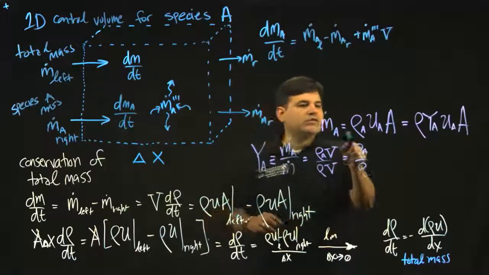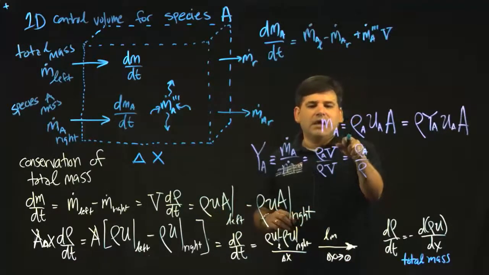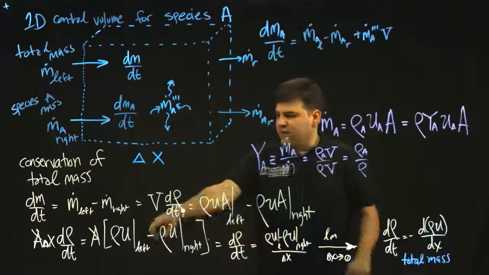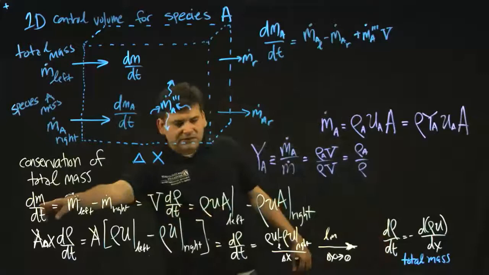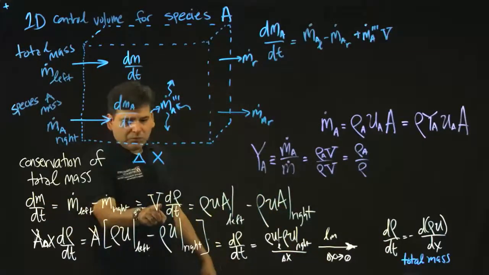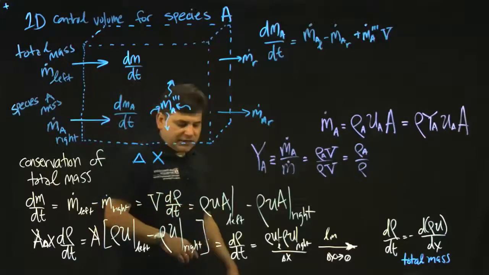So we'll use this and the definition of mass density as well that we used here. Mass is the volume times the total density.